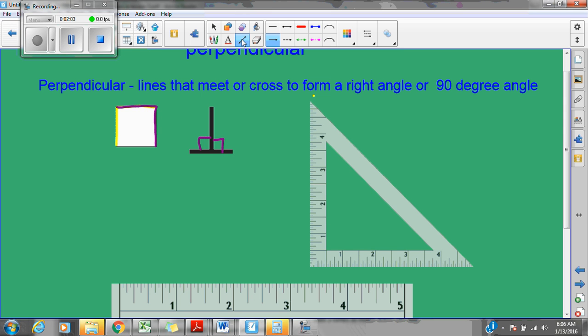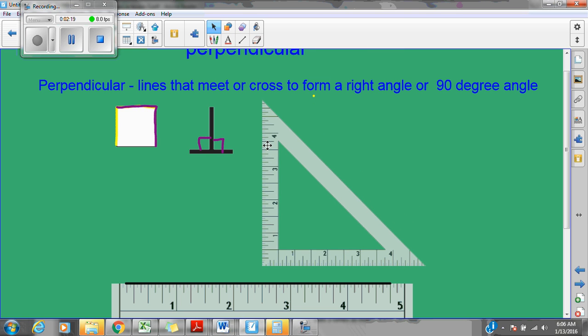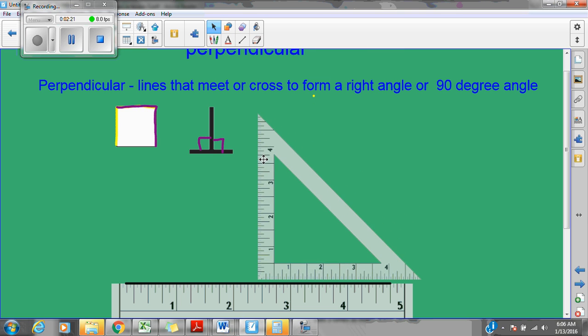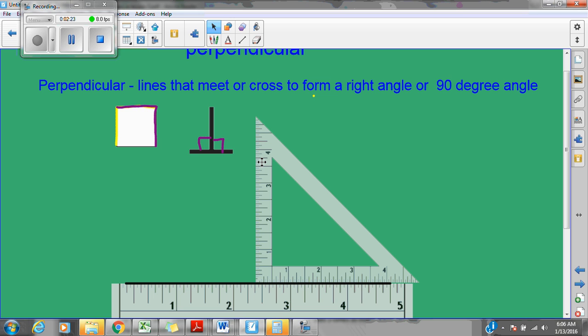So we're going to try it. You take your straight edge or your ruler and you draw a straight line using the edge of the ruler. You have to put your pencil up against your ruler to do it. Then you take your right angle template and you put that straight against your straight edge or your ruler.